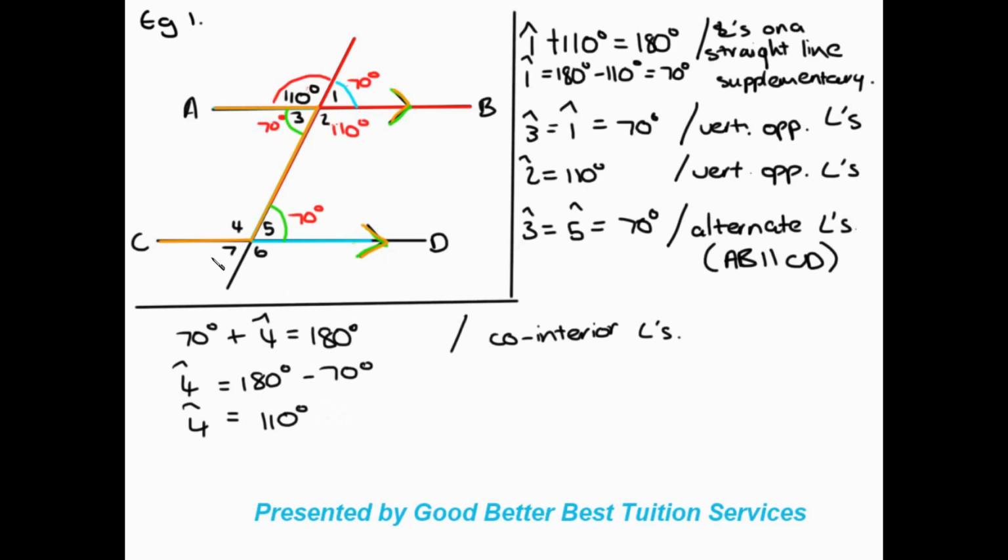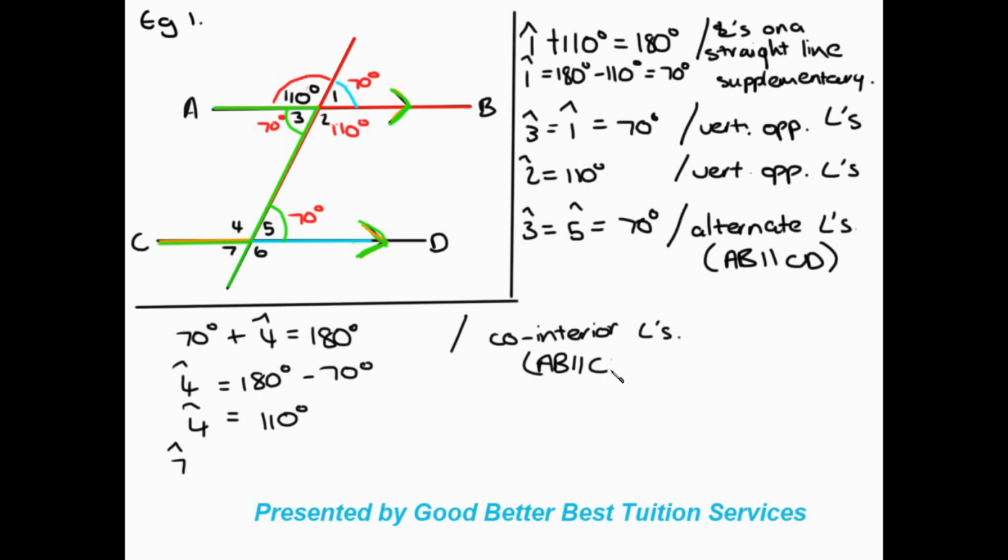Awesome. So now how are we going to solve for angle number 7? Let's see, we're going to clear up some space after this one. Angle number 7, right? So we can look for another formation, and we can say that here is a reverse F. So you can see the F can also be reversed and relies on parallel lines, which we do have. Okay. So one thing I forgot to also put in is that, remember, co-interior angles rely on parallel lines. We have to always state which two lines are parallel.